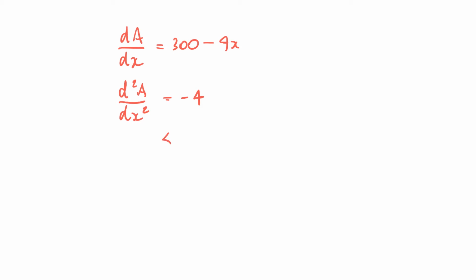Now this is less than 0, which means we have a concave down turning point, which means we have a maximum. All right, so therefore when x is 75, we do have a maximum. Right, it is going to be a maximum turning point.